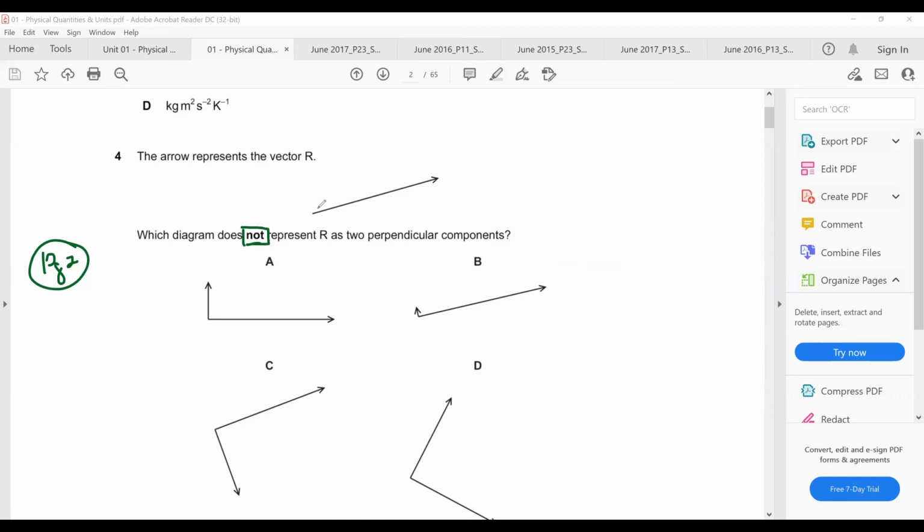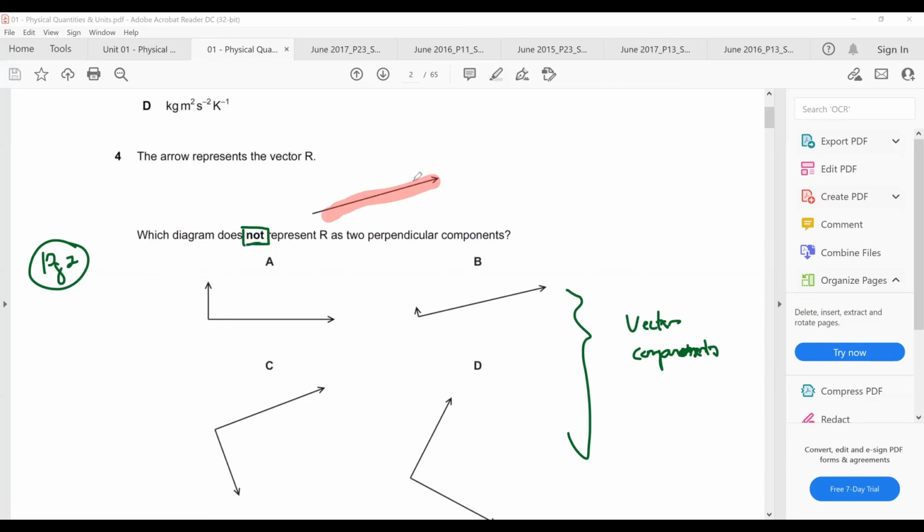Now, this one here is asking you which of, basically what you have here are the vector components. Sorry, my handwriting is really bad. Okay, they tell you right now, you have a vector R.